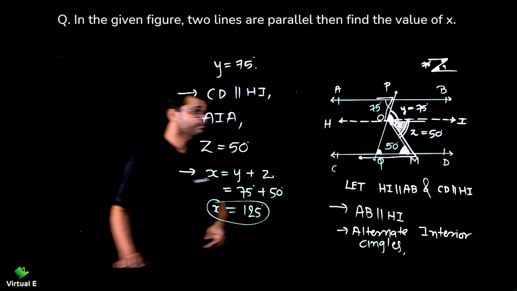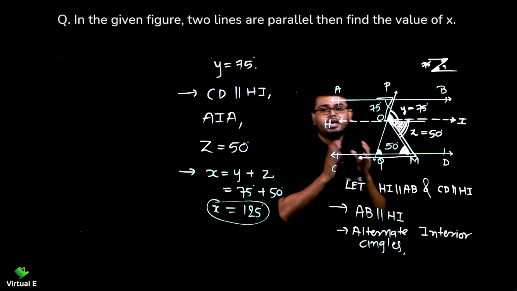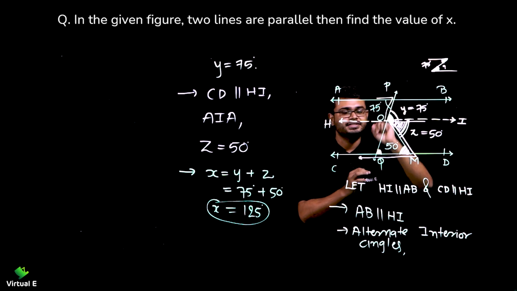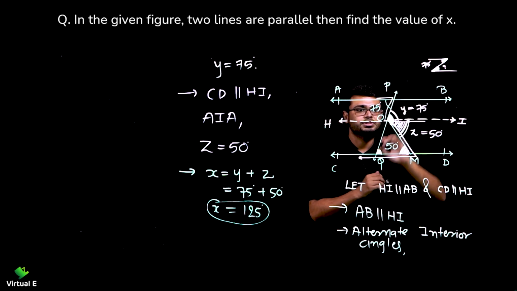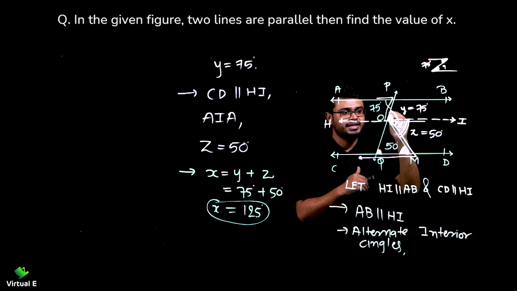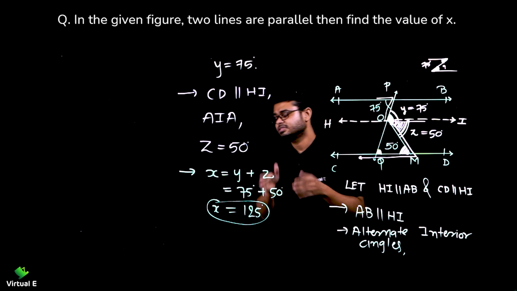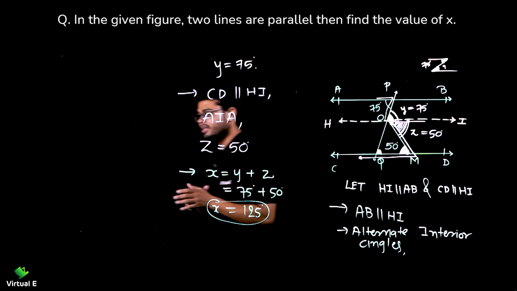Here we use again the which angle? AIA, alternate interior angle, on the first two lines, parallel lines, and the lower two parallel lines. We divided the angle into two parts, that is y and z. So you get value of y first, value of z afterwards, and finally you add that.